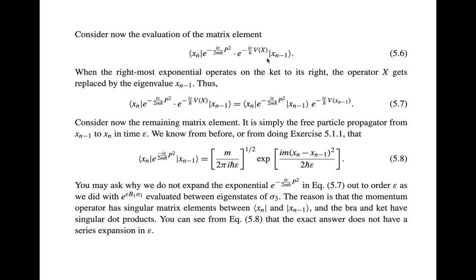This bracket labels the state of the particle, and the eigenstate is in terms of the position operator, right? To obtain this object, we insert the resolution of the identity in terms of momentum, because the momentum does not commute with x, and x is not an eigenstate of P, right?